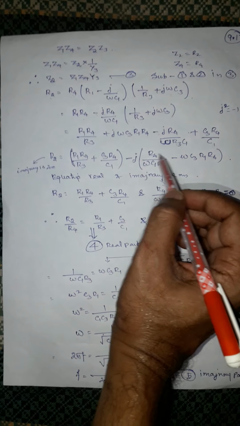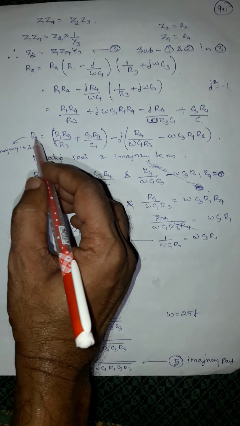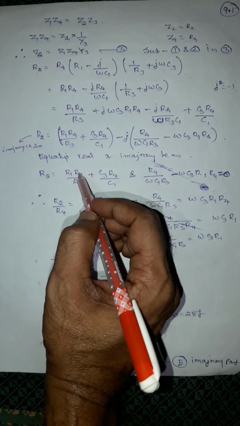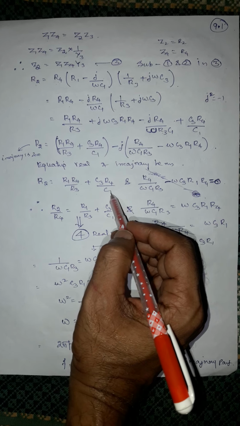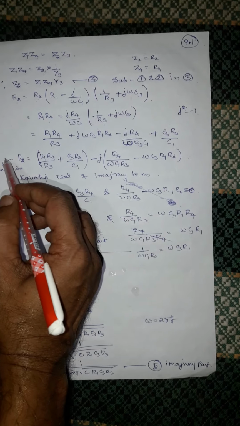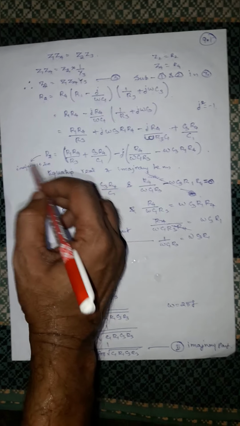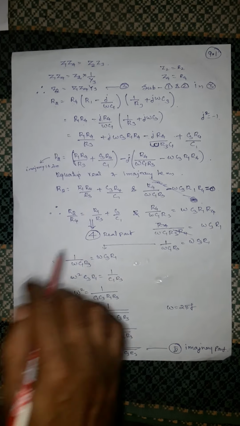These two are imaginary parts. Equating real and imaginary parts, R2 equal to R1 R4 divided by R3 plus C3 R4 divided by C1. Then the imaginary part is equal to 0, since the left-hand side imaginary part is 0.